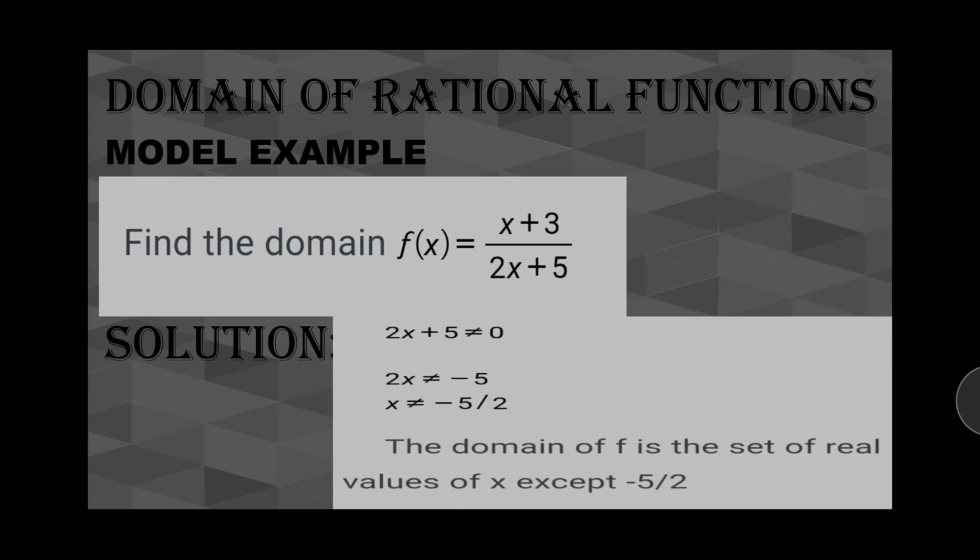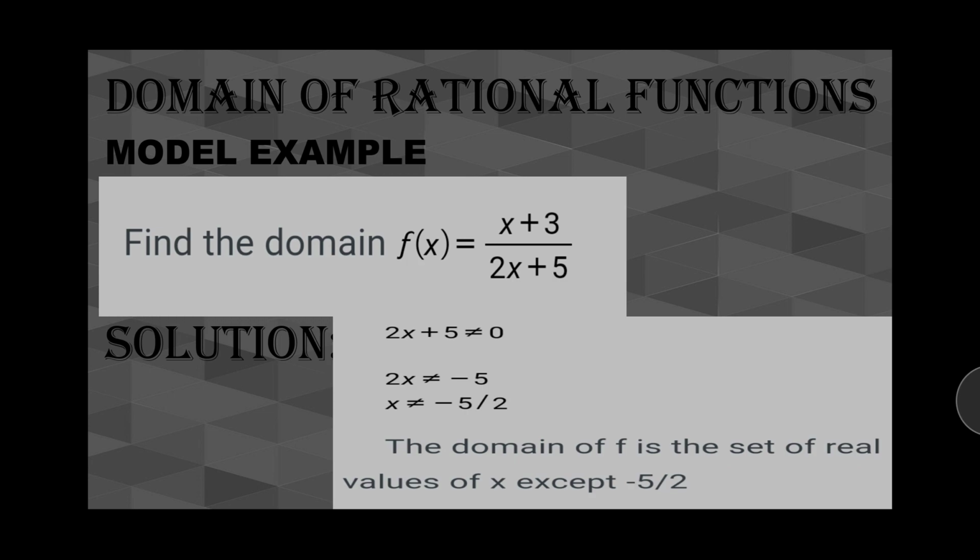What we are going to do is pick the denominator of that function. Now if I solve that denominator with an equal to 0, okay, we have an equation. The answer I'm going to get makes the function undefined. Look at the denominator.